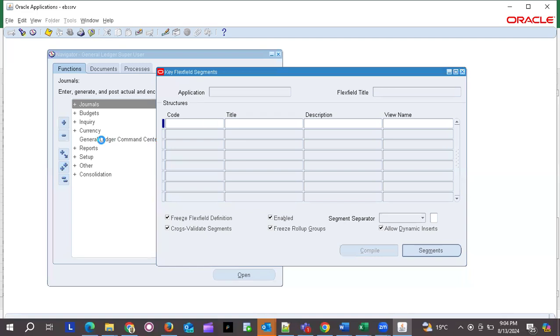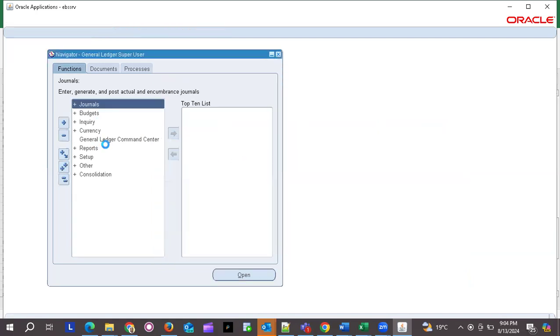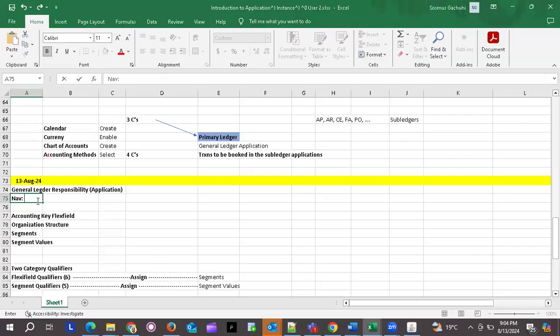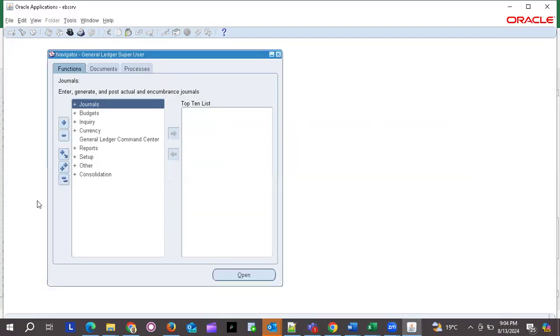I want us to navigate now, after we have opened the navigator on Java Forms. The system is a bit slow. So we have said the navigation is set up.